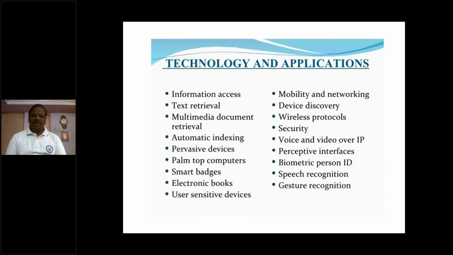What are the technologies and applications available in this? Information access, text retrieval, multimedia document retrieval, automatic indexing, pervasive devices control, palm-top computers, smart badges, electronic books, user-sensitive devices, mobility, networking, device discovery, wireless protocols, security, voice and video over IP, perceptive interfaces, biometric person ID, speech recognition, gesture recognition.